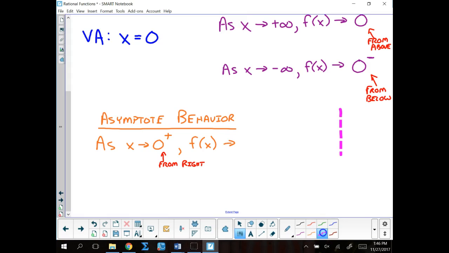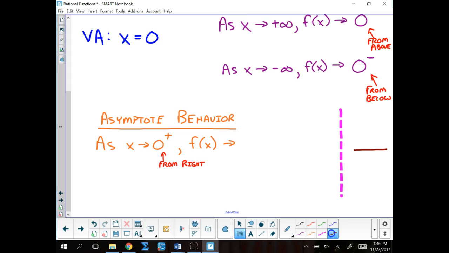So basically, on the graph, you're going to have this vertical line. And your function's going to be approaching it from the right. But it can't just stop. It's got to go somewhere.